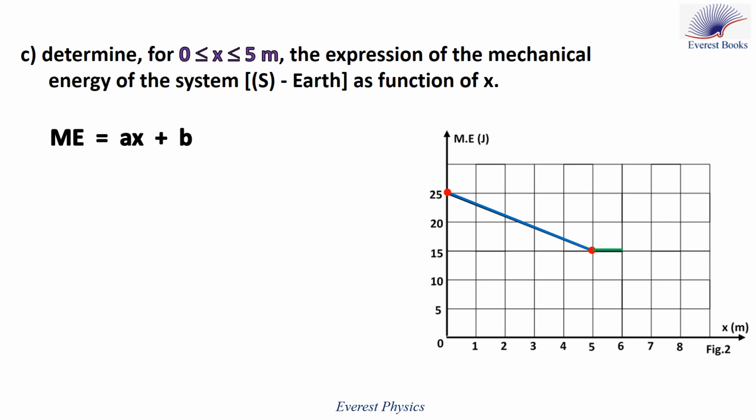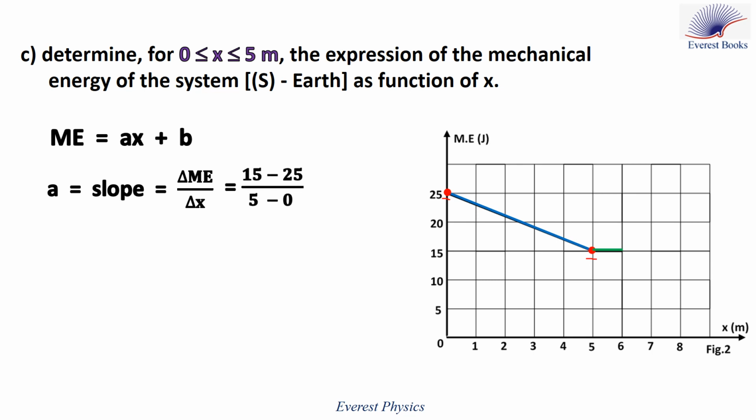Let's start with A. A is the slope, and it is equal to delta ME over delta x. Now, in order to calculate the slope, you can choose any 2 points on the curve. So let's choose the first point and the final point.